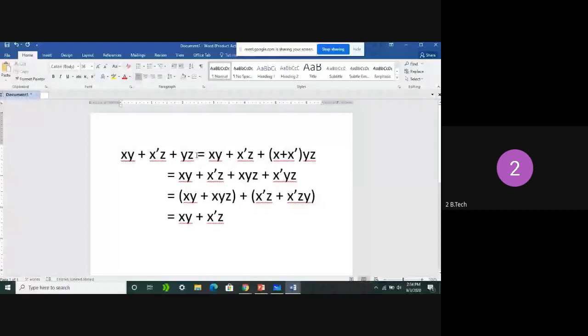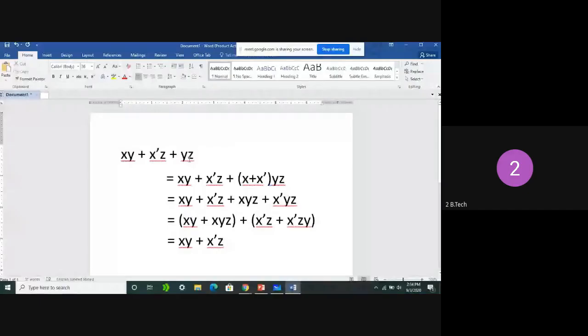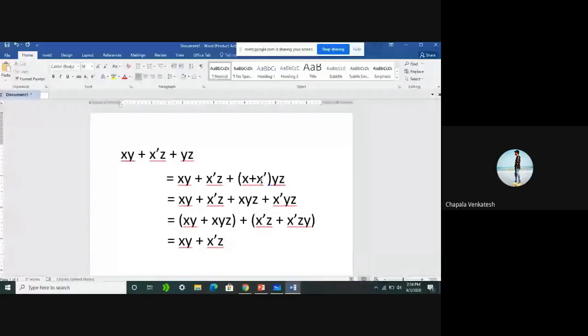Yes, here in the third term, we are taking x plus x bar. What is the value of x plus x bar? We have seen a plus a bar is always 1. So we are multiplying the xy term with 1, and that 1 is nothing but x plus x bar.